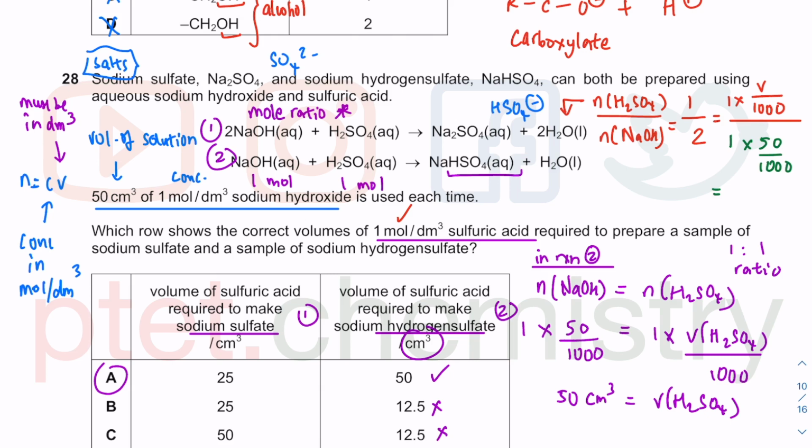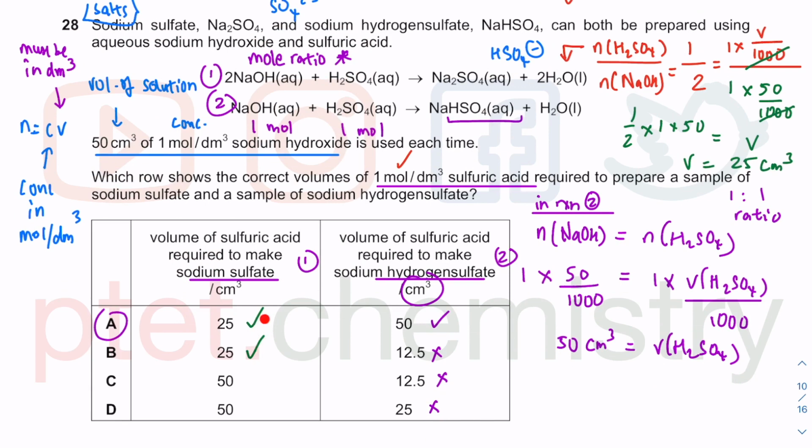Now, the 1000 and 1000 can cancel. The denominator at the bottom moves to the top. That is half times 1 times 50. Your volume is going to be half of 50 cm³, which is actually 25 cm³. Having done that, I get that A is the answer.